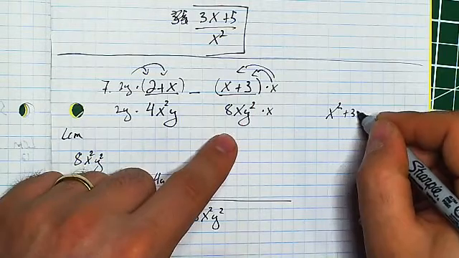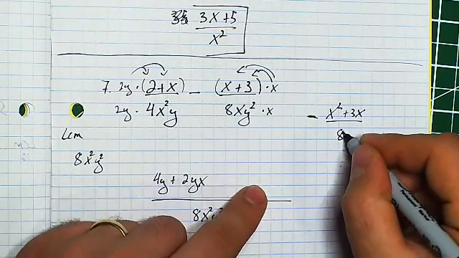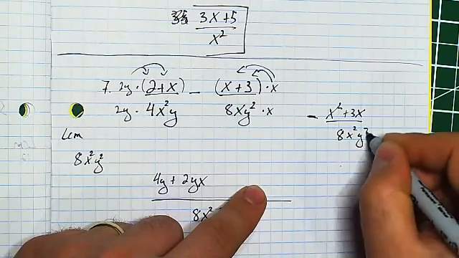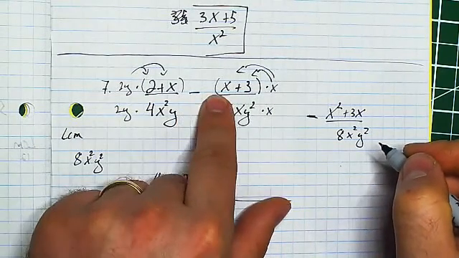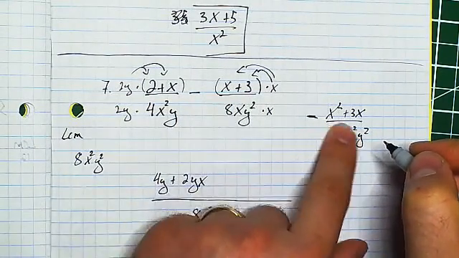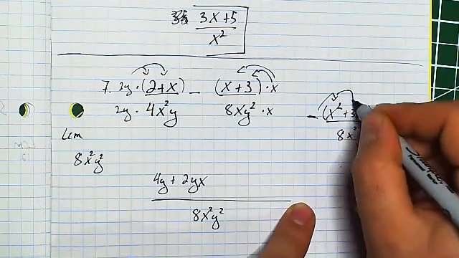x times x turns into x squared, and 3 times x turns into 3x, over top of 8x squared y squared, but again we're subtracting. So that negative goes into both the x squared and the 3x.